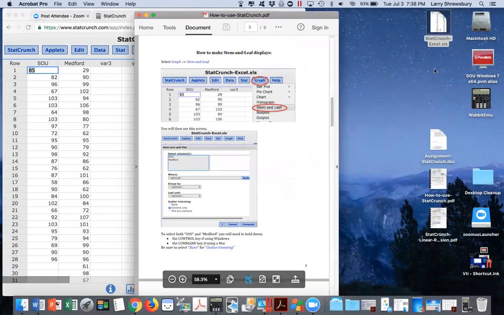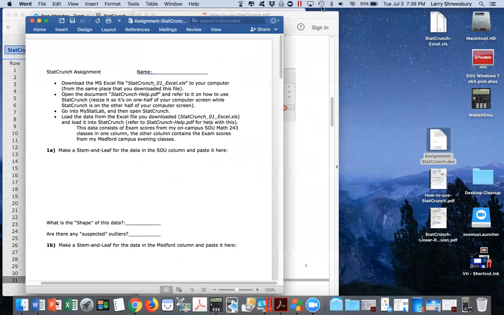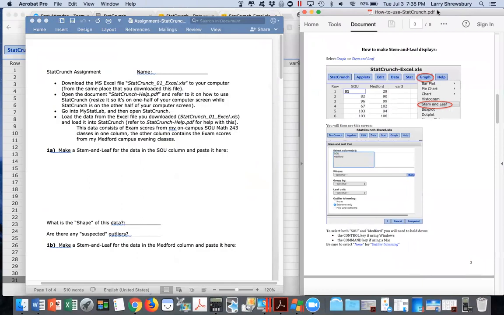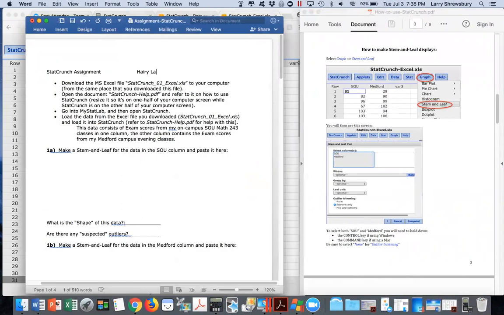So I should probably get that opened up. Assignment StatCrunch doc. There it is. So these are the three things I'll be working with. This is the one. In fact, first thing you should do is put your name on it. Don't use my name now.